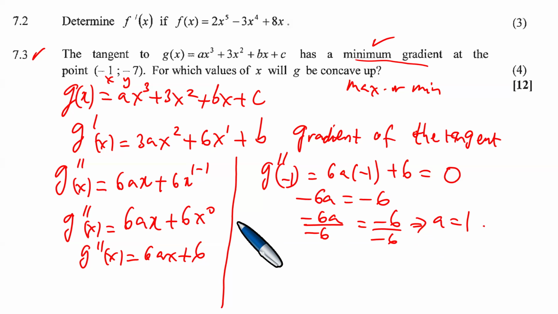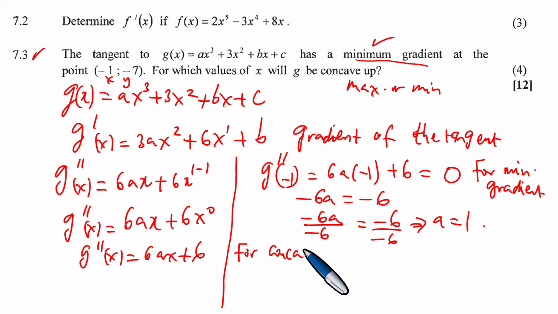So the second derivative equals 0 for minimum gradient. For the concave up, the g double primed is positive.